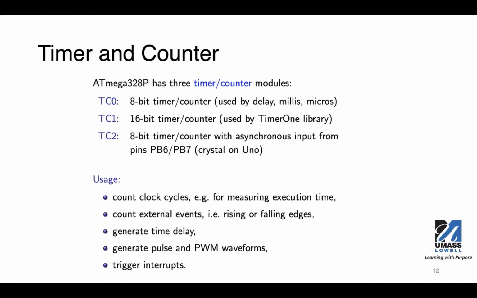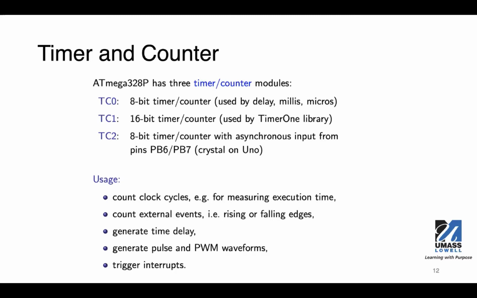For example, the difference between TC0 and TC1 is the number of bits. So the granularity will be different. The scale will be different. And also you can choose different inputs for TC2. We typically use counters and timers for counting clock cycles.